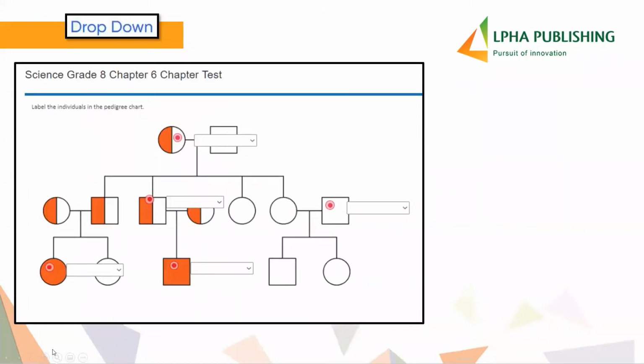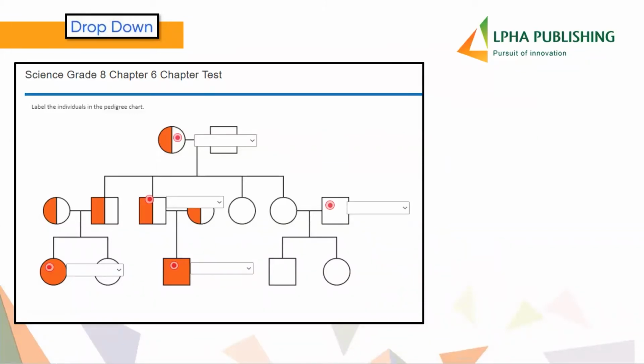We have drop-down menus, and again, these are primarily used for vocabulary words that might be challenging for students to type and spell correctly. So this is one that has an image in the background. If you're not familiar with this, this is from our grade 8, chapter 6 science program. This is a genetic pedigree chart.